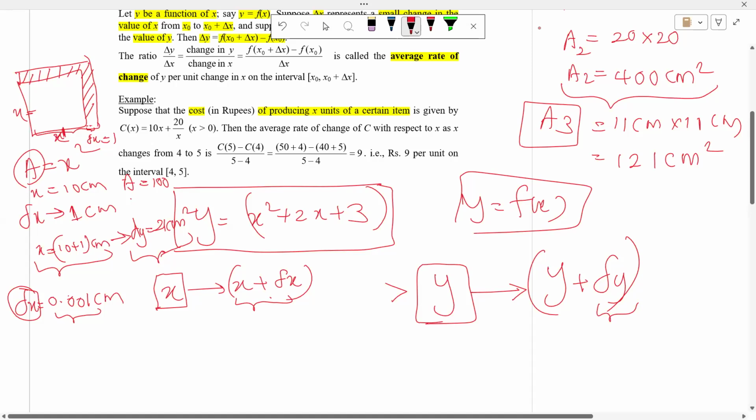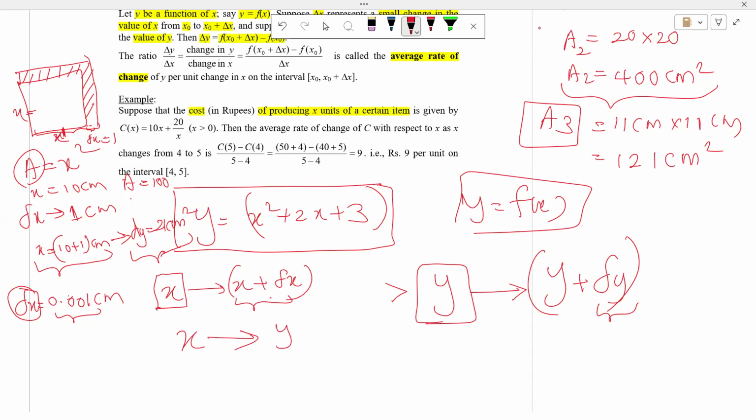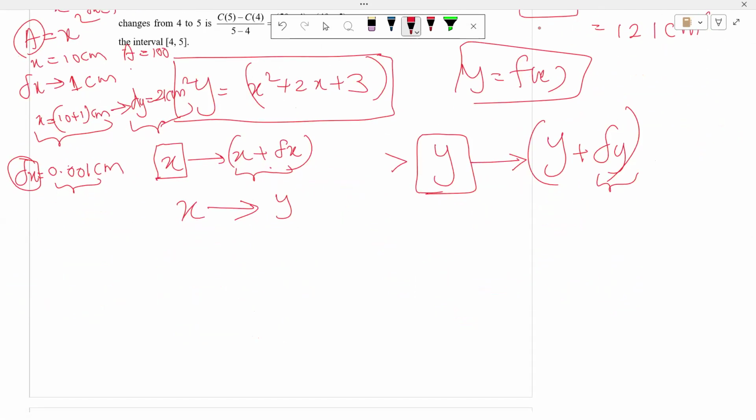So you have an x, on that time you have the y value, right? Now if you increase x plus delta x, if you increase the value of x by delta x, because of that your dependent variable also has a small increment, right?